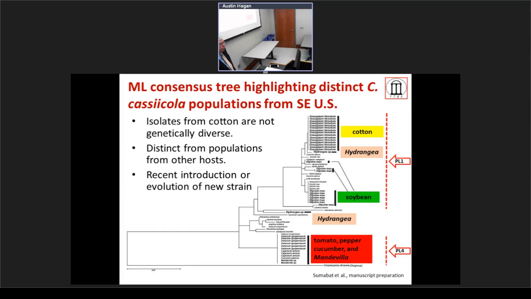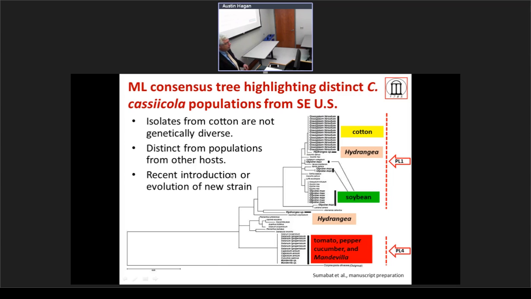They're somewhat closely related to soybean, but still very specific for cotton, and it looks like this particular strain or isolate is either a new introduction or an evolution from an existing strain. But at least at this point in time, no one really knows where this particular fungus originated.